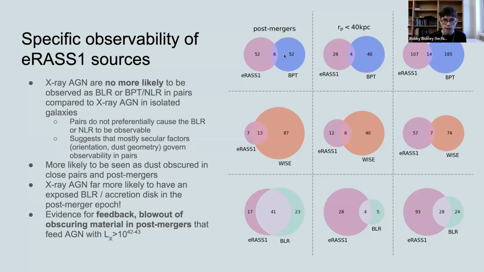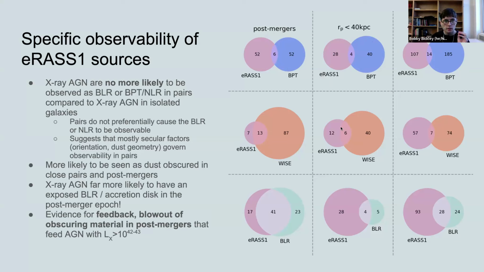While the total numbers change, the relative sizes of the X-ray AGN circle and the BPT AGN circle remain relatively constant. And also the overlap between those 2 classes remains pretty similar, regardless of what merger stage we're looking at here.